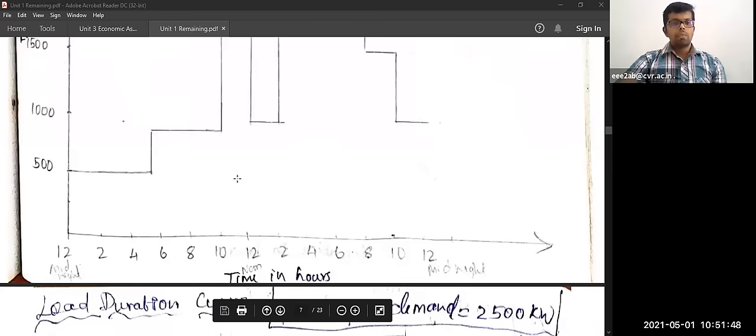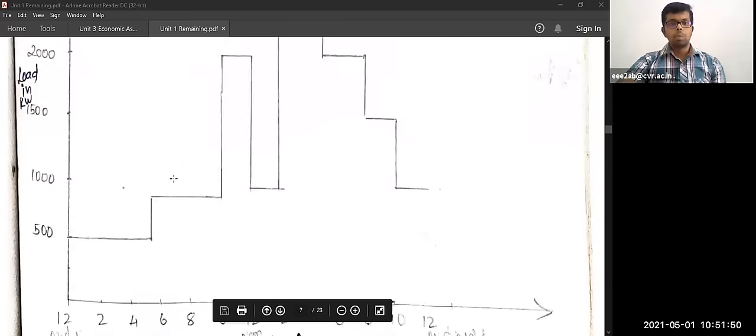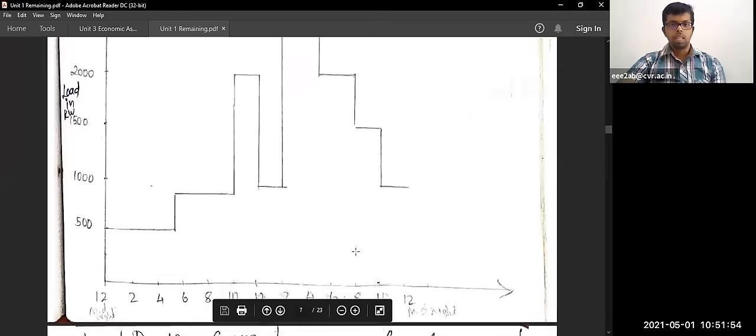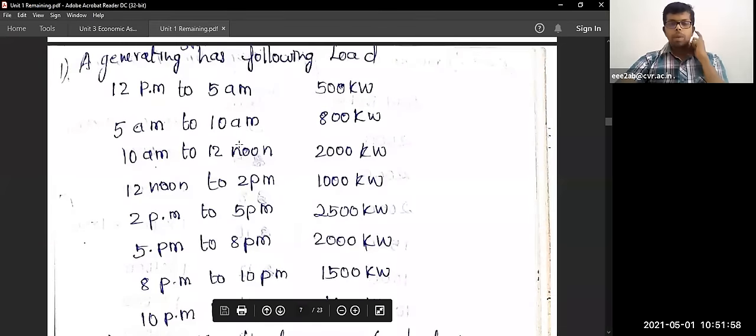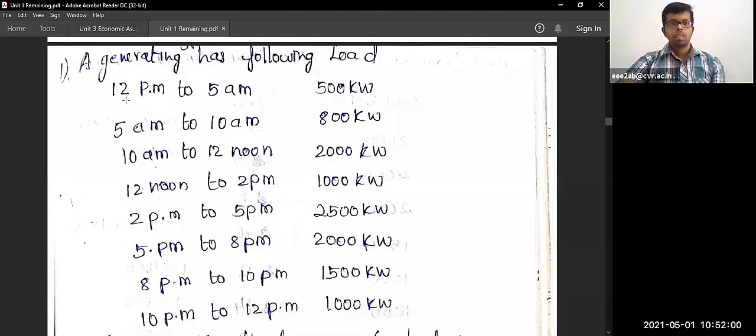Now, based on the problem data, we are plotting this load curve. 12 midnight to 5 a.m. is 500 kilowatt, 5 a.m. to 10 a.m. is 800, 10 a.m. to 12 noon is 2000 kilowatt. Like that, we are plotting.